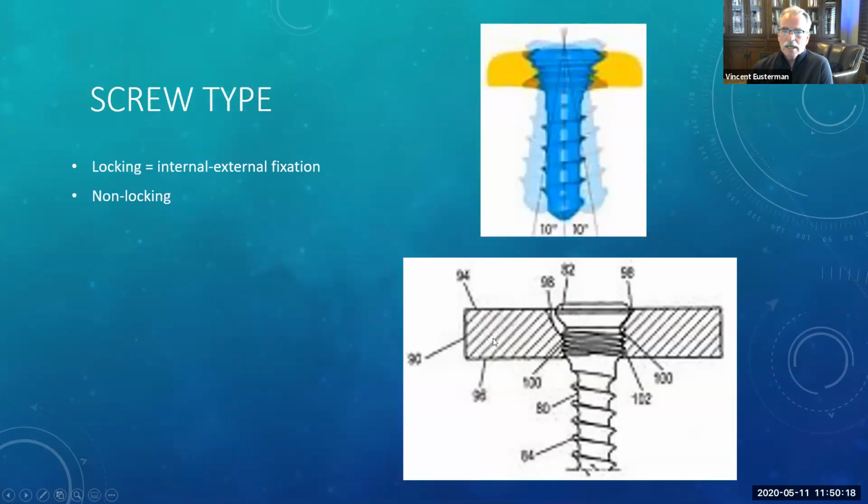This is contained internally, and the fixation is not plate against bone, but being held away from bone. This, I believe, gives you a better occlusion.